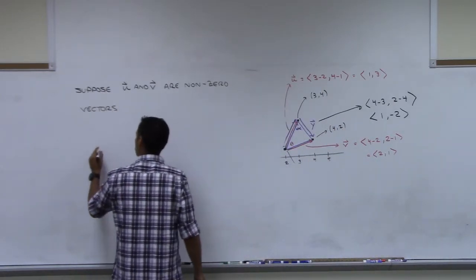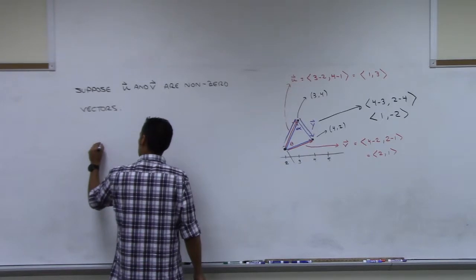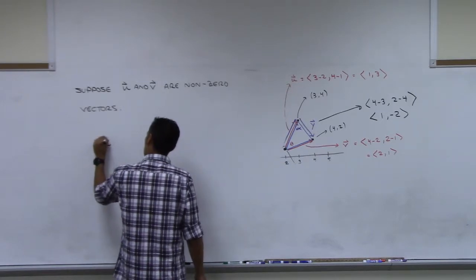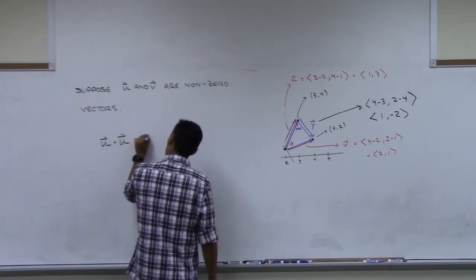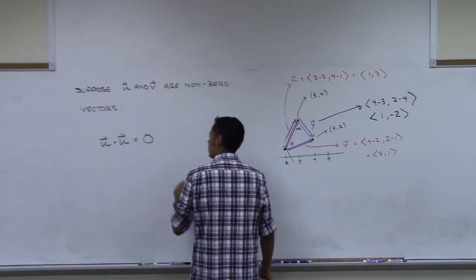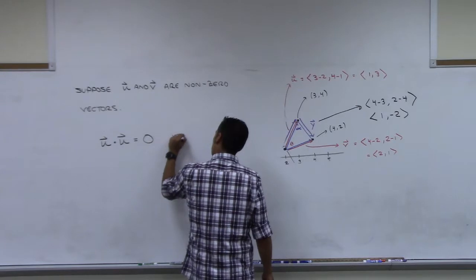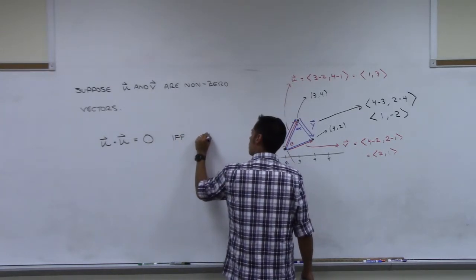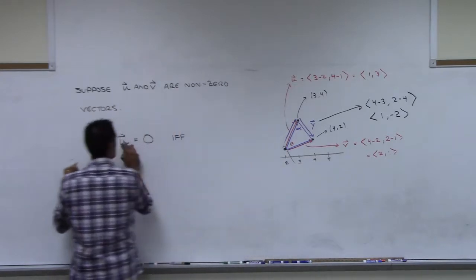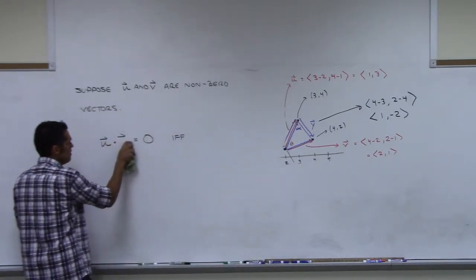Here's what we've got. U dot V equaling 0 if and only if, now I'll explain what that means in a second. I should have put U dot V, not U dot U. I did not mean that.